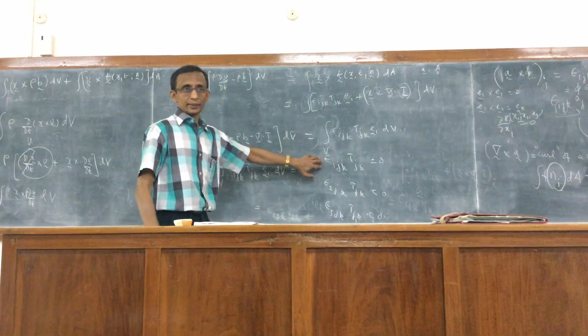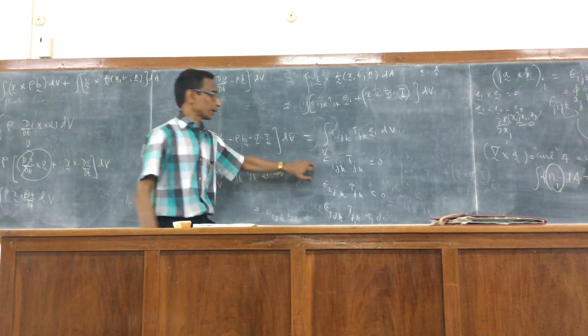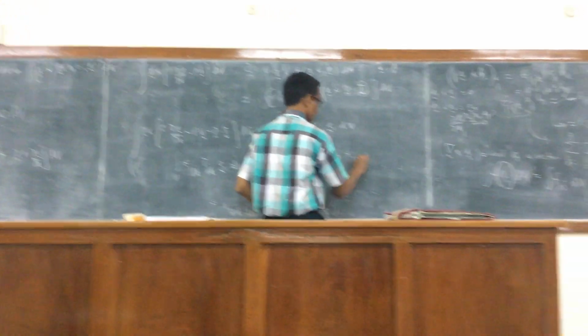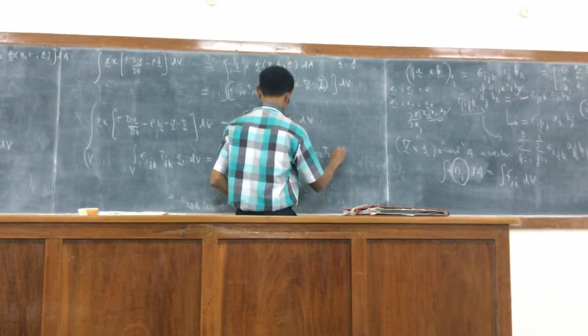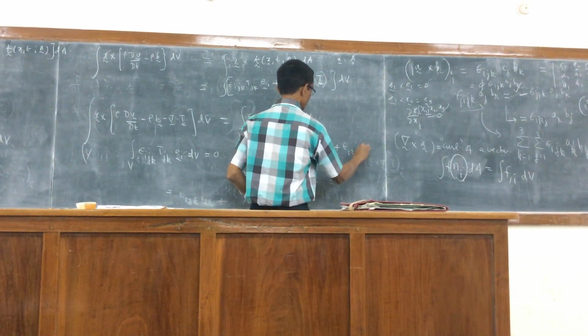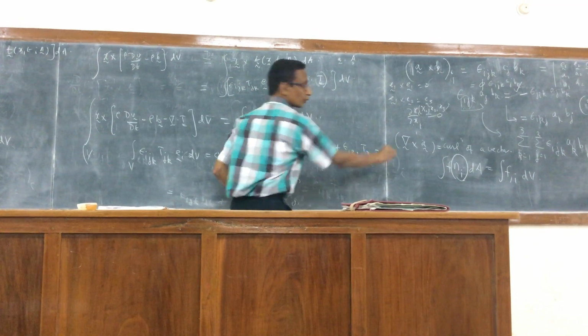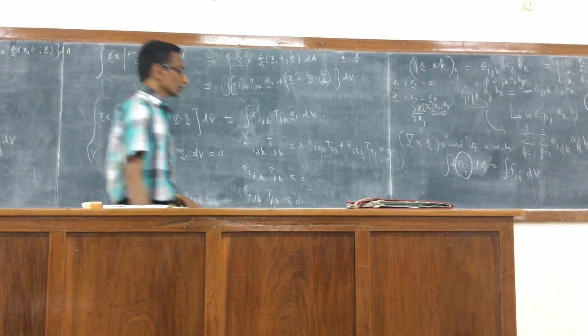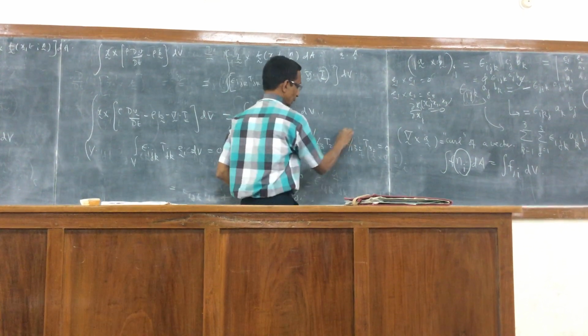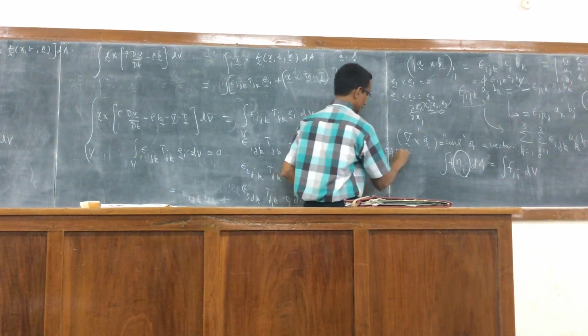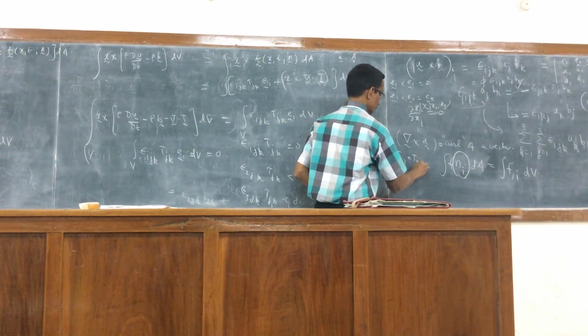If I apply this, here I is taken to be 1. So this is clearly E123 T23 plus E132 T32 equal to 0. So now this is 1, this is minus 1. So this will imply that T23 equal to T32.